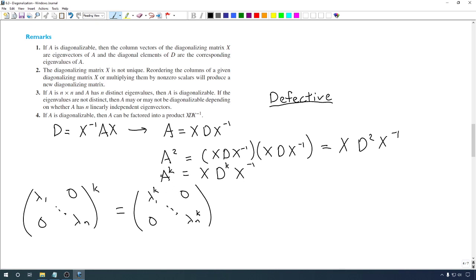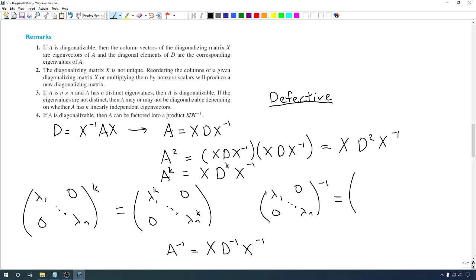This can be very helpful because finding powers of matrices is not really all that straightforward a lot of the time. This actually even works with inverses. A inverse is going to equal X D inverse X inverse, kind of the same formula, with the inverse of the diagonal matrix. And you can even think of this now as a power.